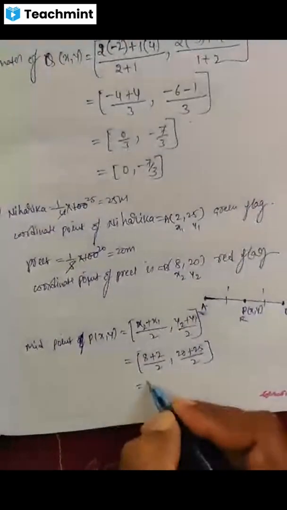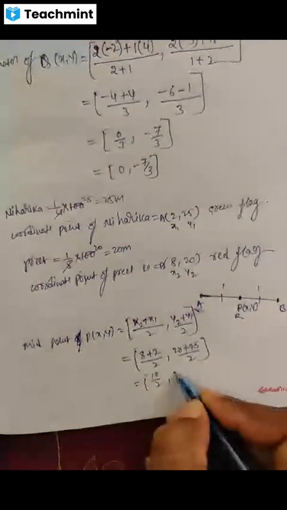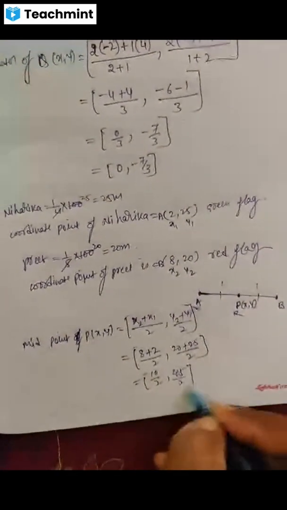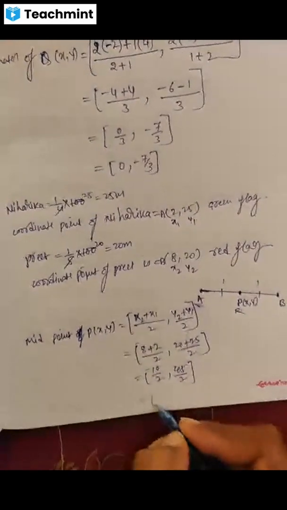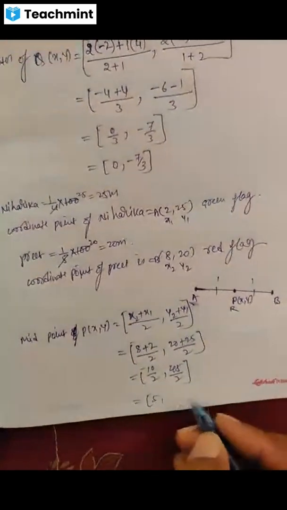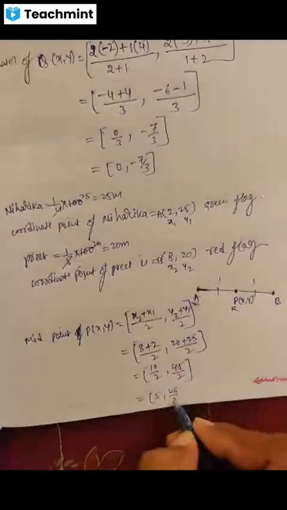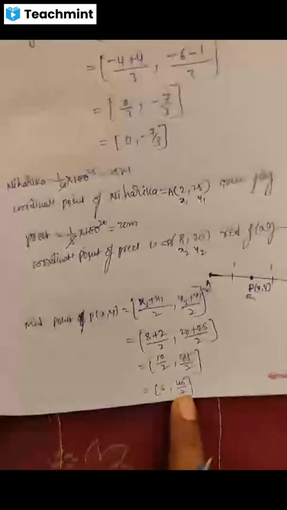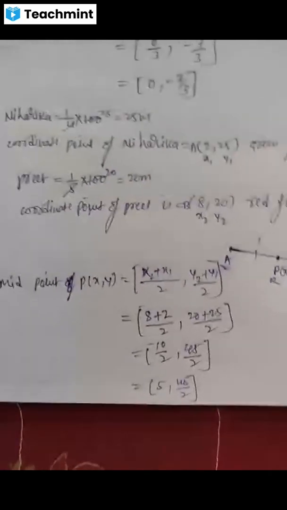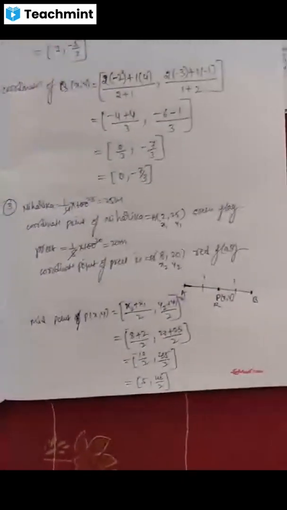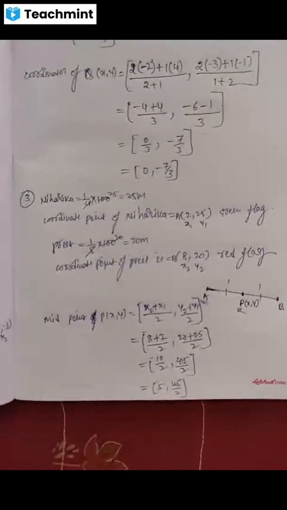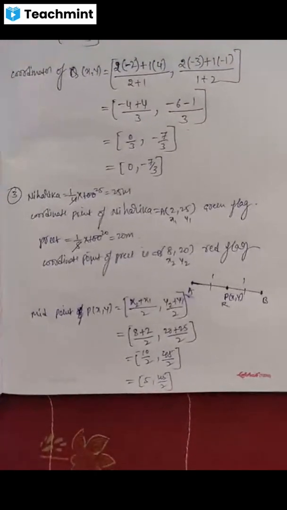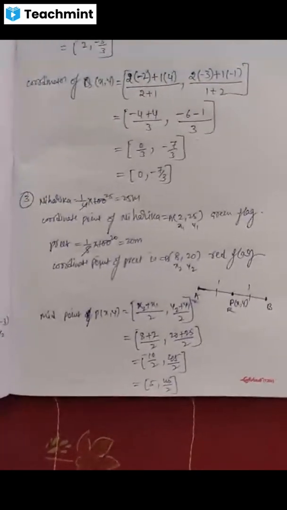That is equal to 10 by 2 comma 45 by 2, that is 5 comma 45 by 2, or you may take it as 22.5. So 5 comma 45 by 2 is the coordinate point of Rashmi. Okay, take this screenshot. Did all of you understand this concept? Yes, sir.